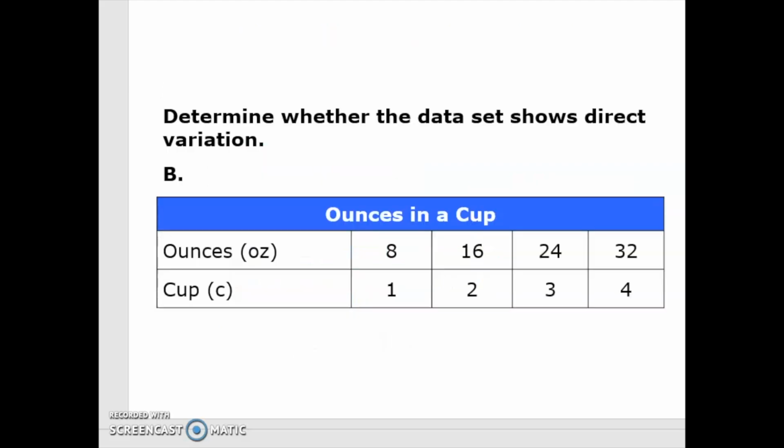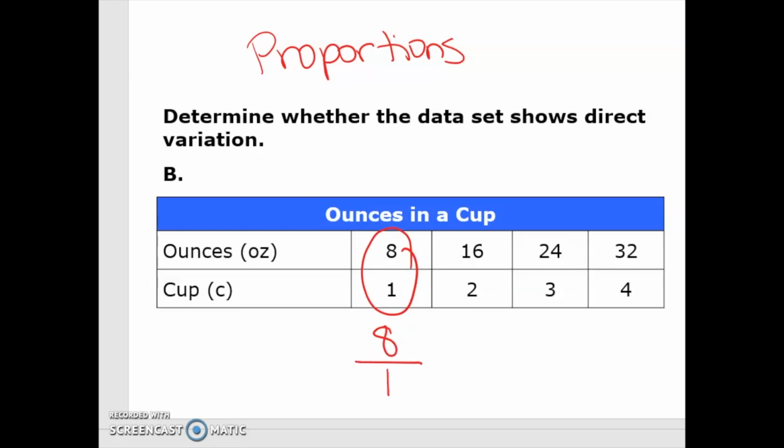Now, there's another way to see if something has a direct variation. So we just looked at making a graph. The second way is to look at proportions. See how we keep coming back to proportions? That's because they're so awesome. So I'm going to look at these ratios. 8 ounces in 1 cup, 16 ounces in 2 cups.